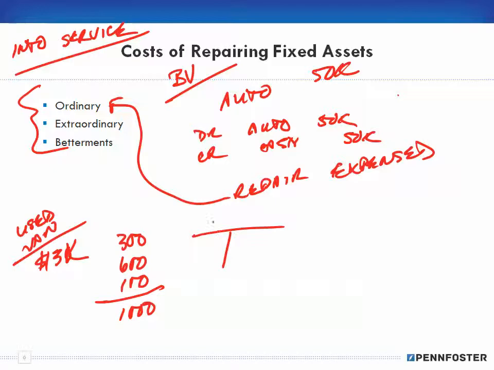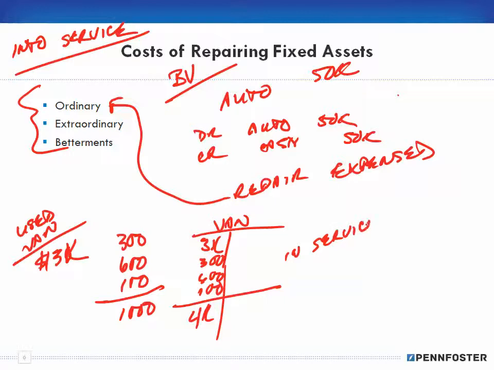So our van account will show the $3,000, the $300, the $600, and the $100, and our book value is going to be $4,000. Once it's on the road and in service, any repair is going to be expensed because it's an ordinary expense.